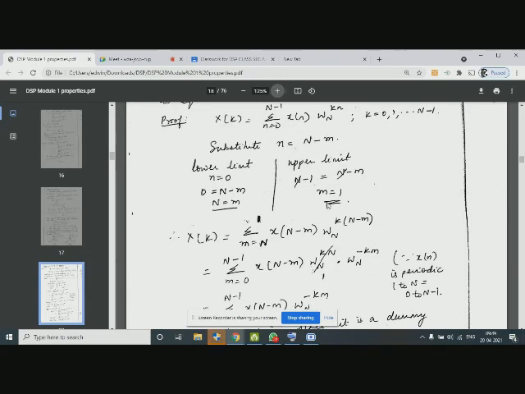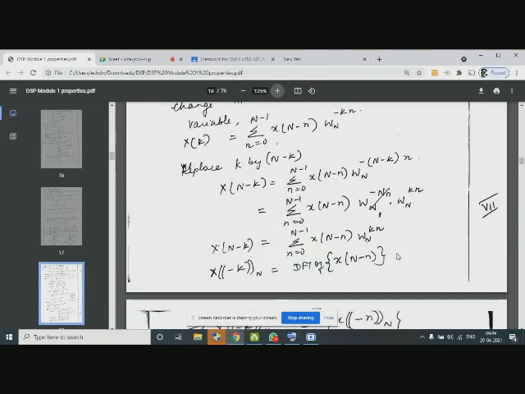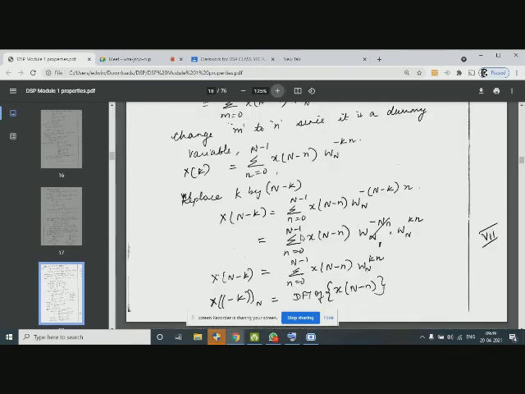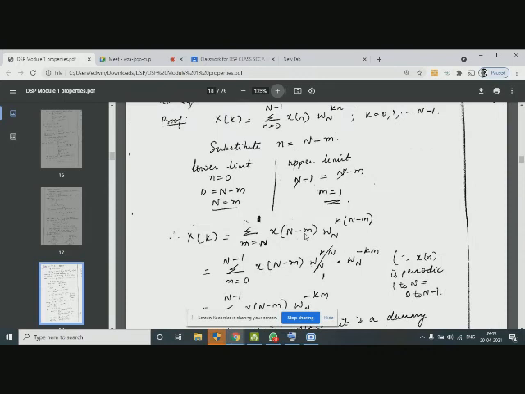That is because I want to introduce, if you just look at the last, I want to prove x of minus k, x of minus n, x of N minus n, N minus k. So if I introduce another dummy variable, it will be easy for me to do the calculation. So this is one.